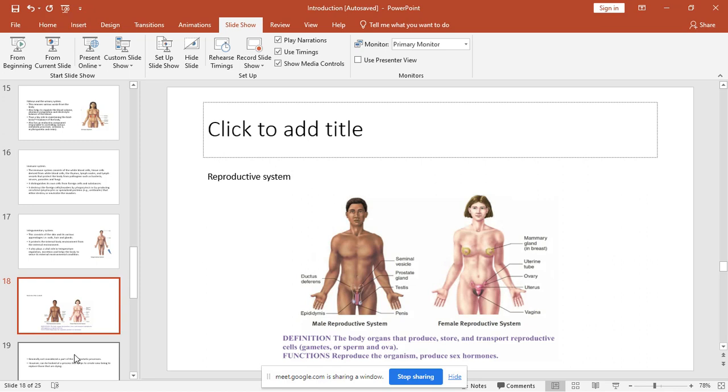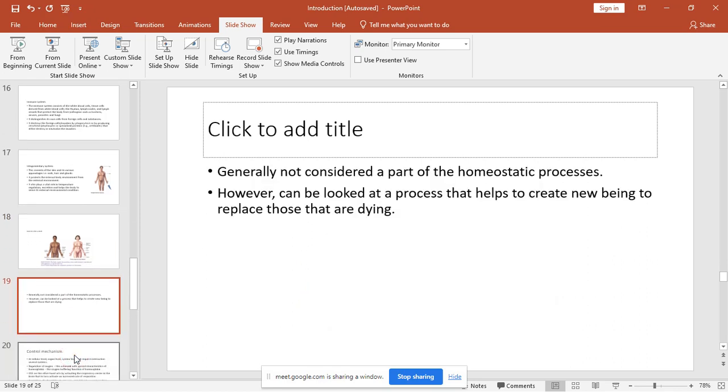Now, some people don't really look at the reproductive system as an organ that helps us to maintain a constant environment. But some people argue that the reproductive system helps us to produce new beings, and that way it helps us to replace the old ones that are dying out.